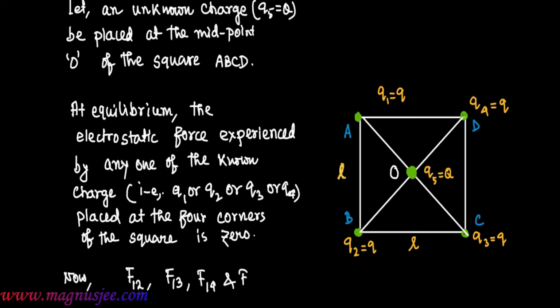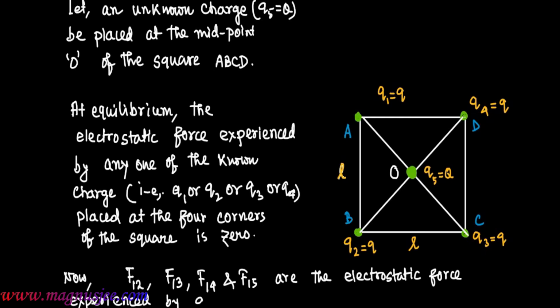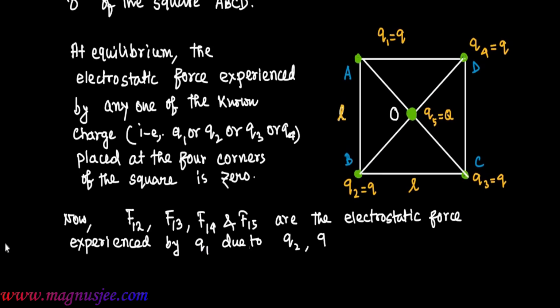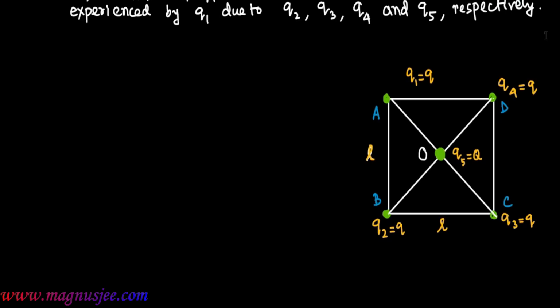Now F12, F13, F14 and F15 are the electrostatic forces experienced by the known charge Q1 due to the charges Q2, Q3, Q4 and Q5 respectively.